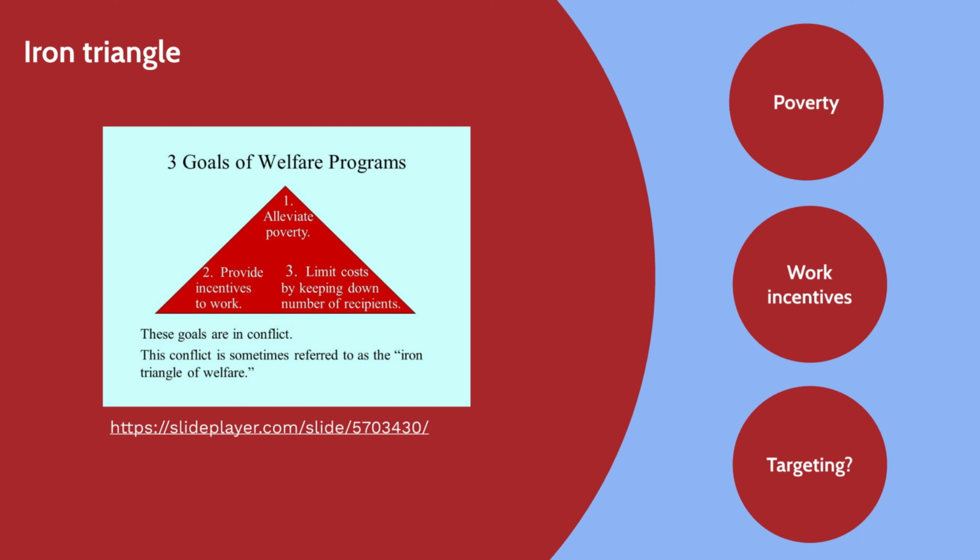But when you do that targeting, you get a situation where people that are semi in need receive a lower payment. And because they're receiving a lower payment than someone that's very much in need, they'll know that if they act very much in need by not working at all, they end up not losing that part of the benefit payment.